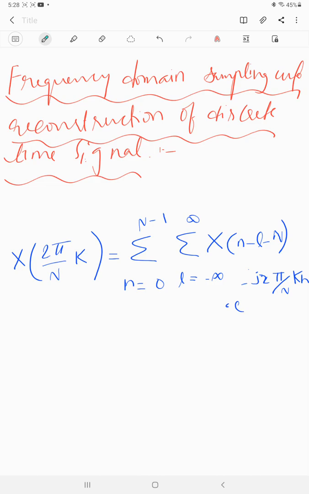We already said that the periodic signal, which is x of n minus lN summed over l, is written as x_p of n.